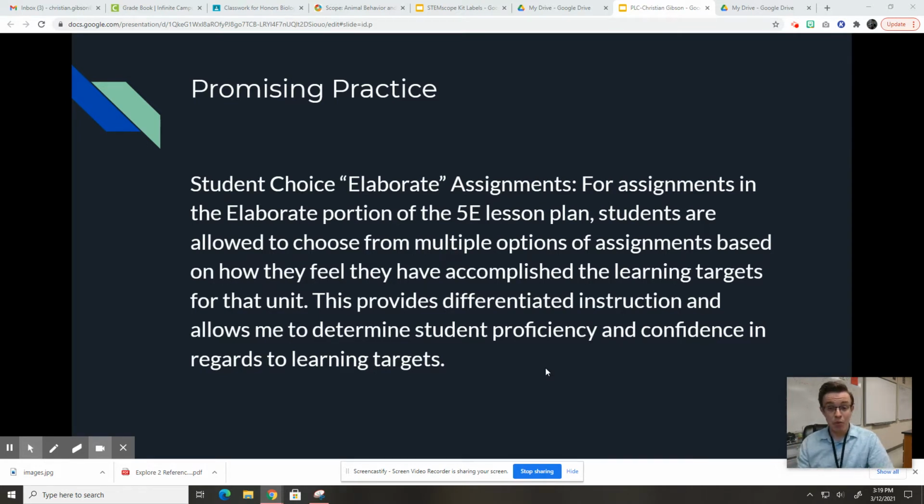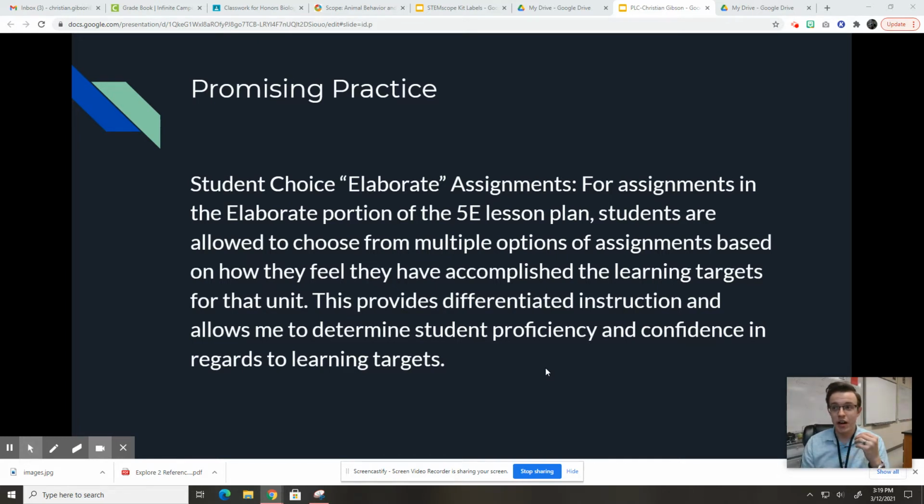Now, at that point, ideally, the students will be at least proficient on all of the learning targets, all of the content that you'd want them to know, all of the skills you'd want them to be able to do. But the fourth E in the 5E lesson plan is elaborate or extension.